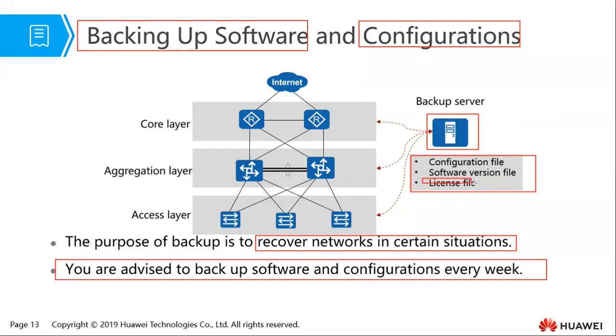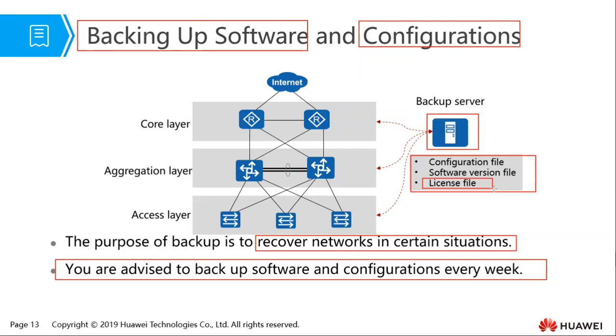Now, let me comment more about the license file. The license file is normally set up for a specific product. What you need to be aware of is that if this file is lost, you have to apply for another one from the manufacturer. And this might take a long time. Yet your device cannot run without the license file.